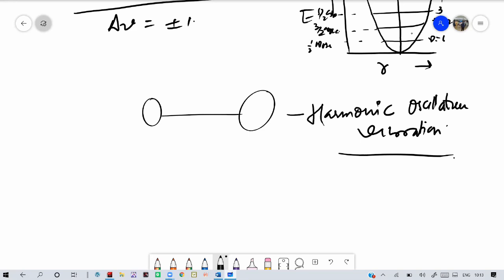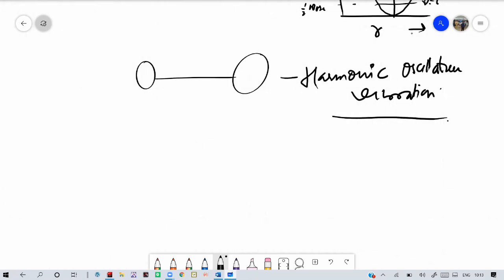But we should remember that chemical bonds are elastic, but there is a difference between real bonds and simple harmonic motion like Hooke's law.